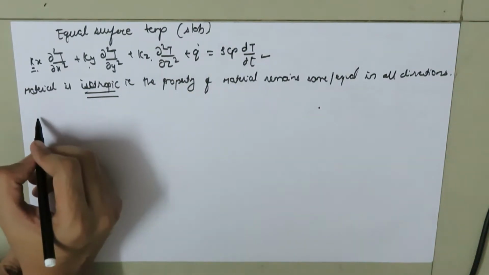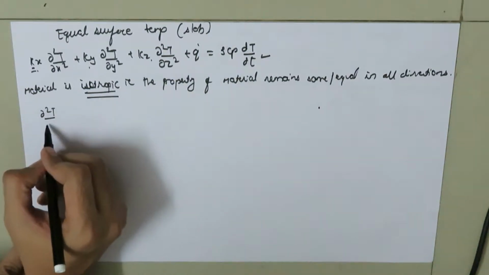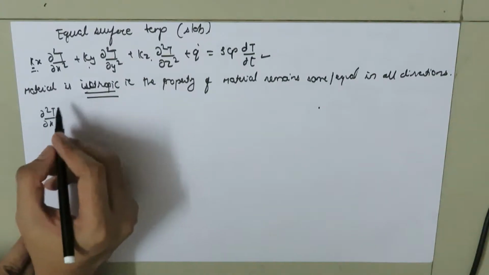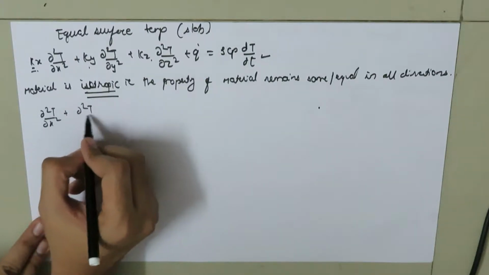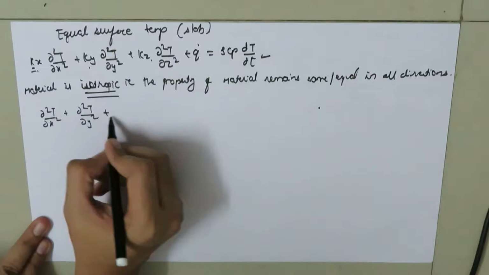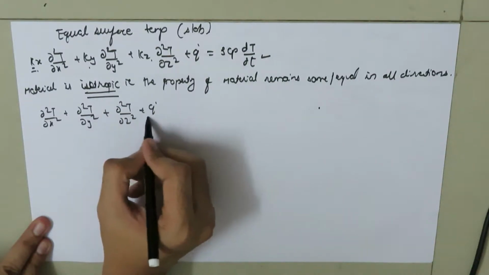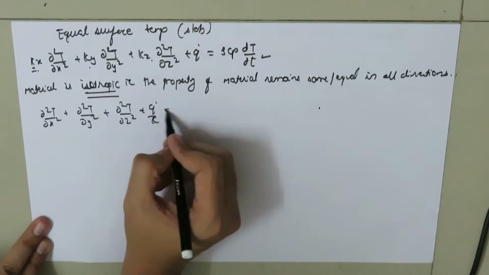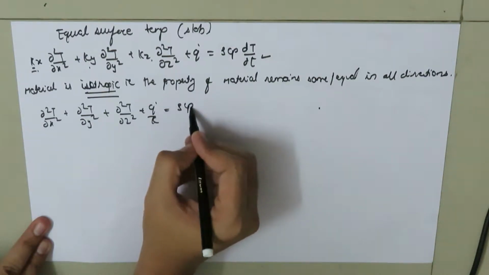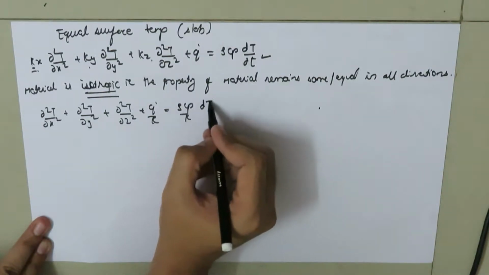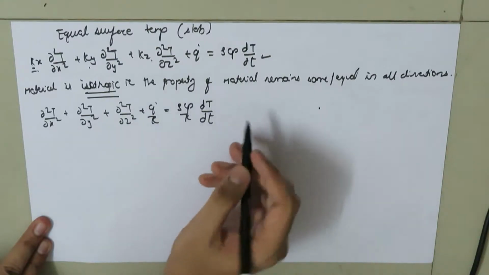So we can write this equation as ∂²T/∂x² plus ∂²T/∂y² plus ∂²T/∂z² plus q dot by k is equal to rho Cp by k, the change in temperature with respect to the change in time.